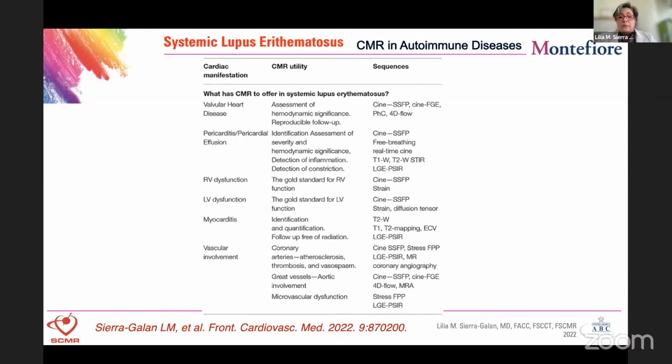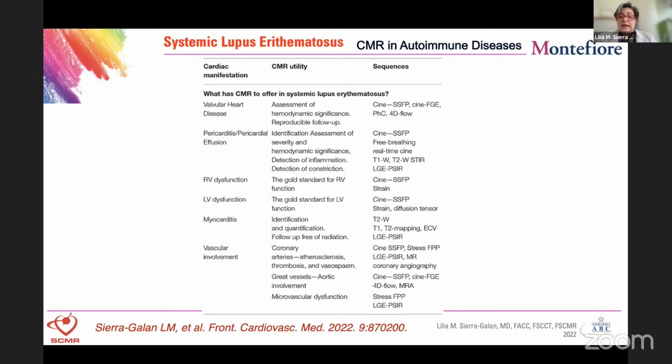We are going to evaluate the pericardial involvement, where we are going to see the identification, the assessment of hemodynamic significance, the detection of inflammation, and we will be able to differentiate the presence or not of constriction.